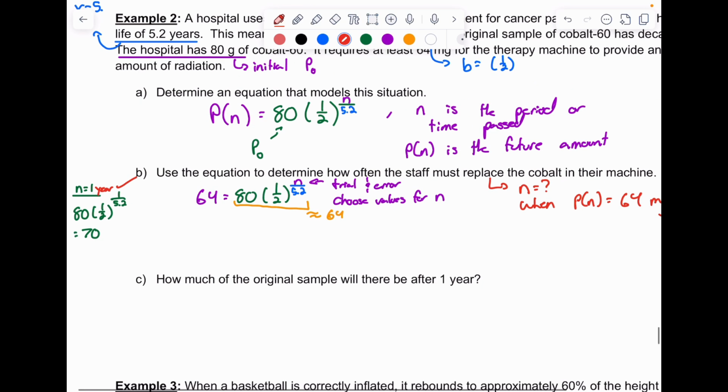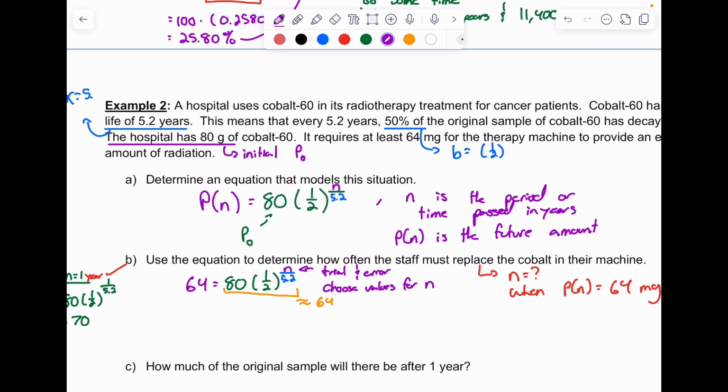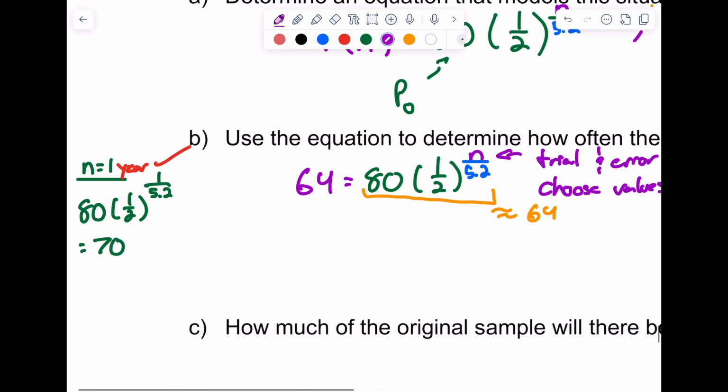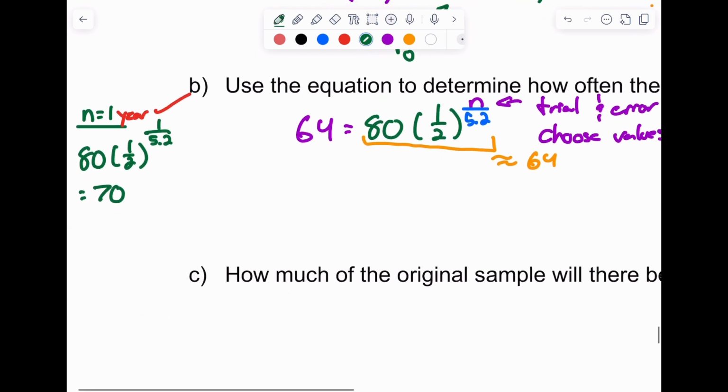because n is measured in years, n is the time passed in years, because the problem is saying in years right here. So after 1 year, we're still good. Let's try it again. Let's do n of 2. So 80 times 1/2 to the power of 2 divided by 5.2.